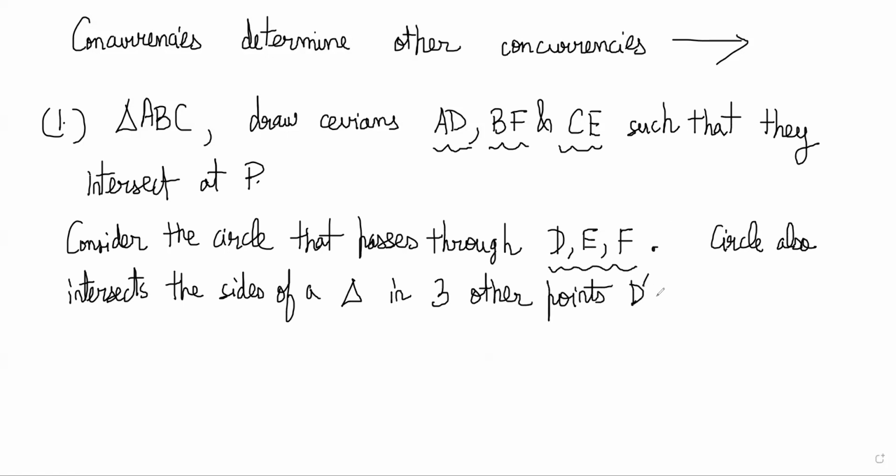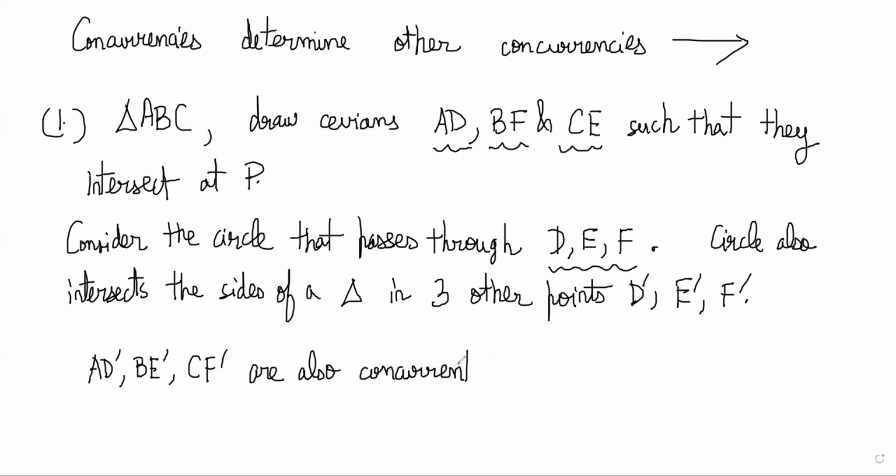You can call them D dash, E dash, and F dash. You can use Ceva's theorem to prove that the lines AD dash, BE dash, and CF dash are also concurrent. That is the statement that I want you to prove.